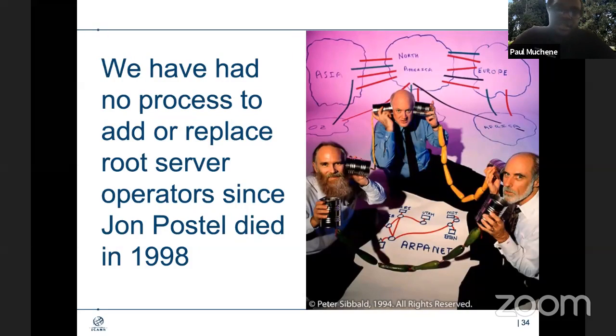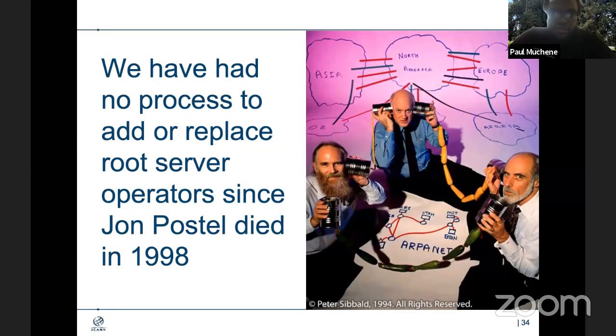When Postel died in 1998, there was a process that led to the creation of ICANN. At that time, ICANN signed a memorandum of commitments with the United States government. It was not until 2014 that the memorandum of commitments came to an end, and the global internet community became responsible for managing and providing oversight of ICANN.